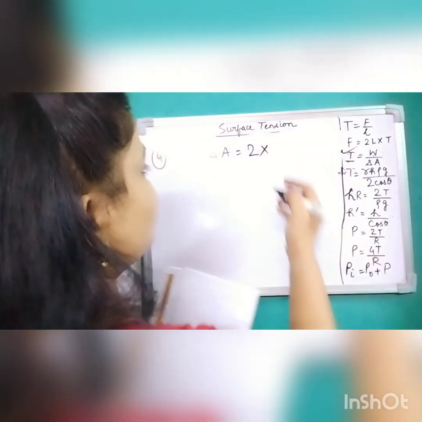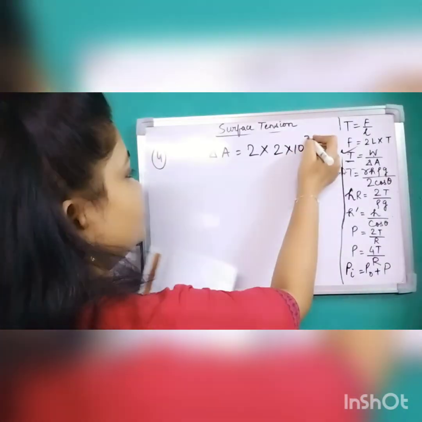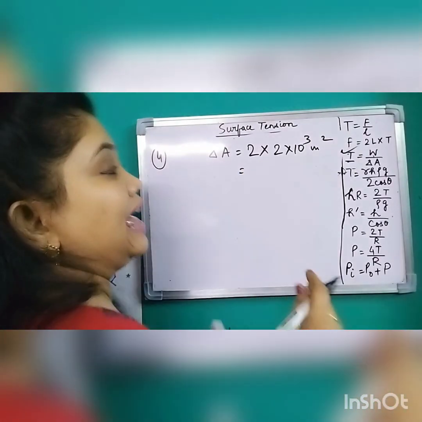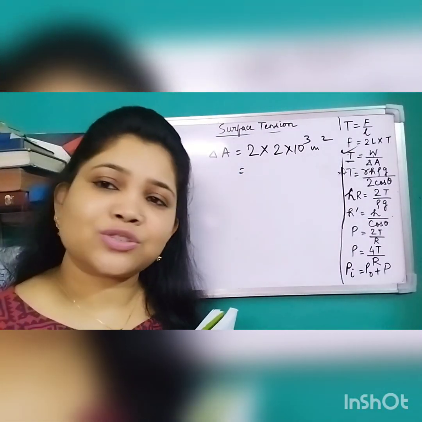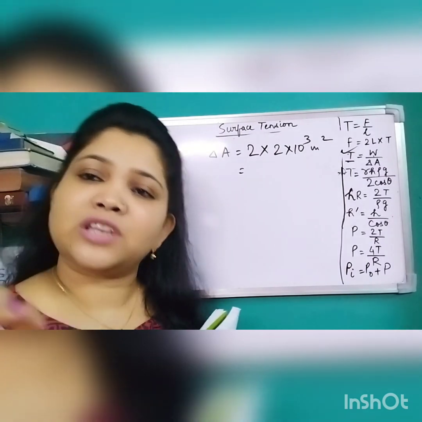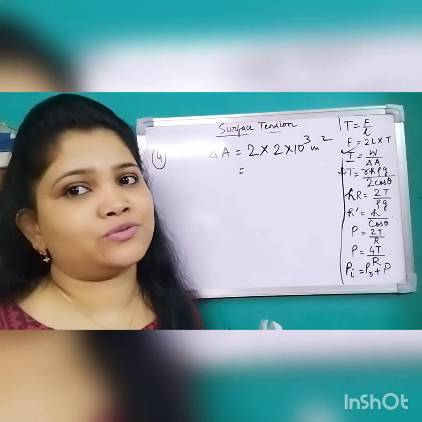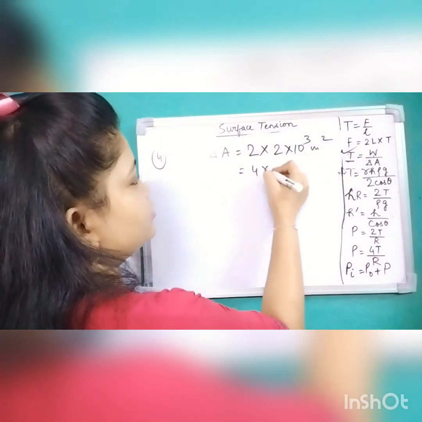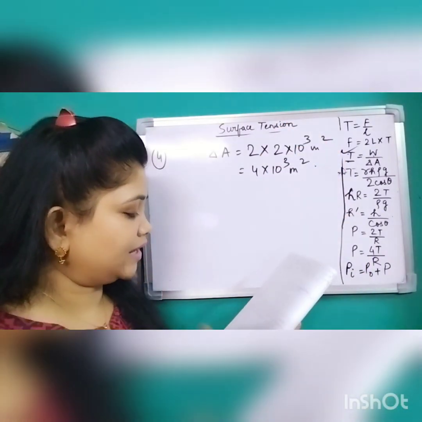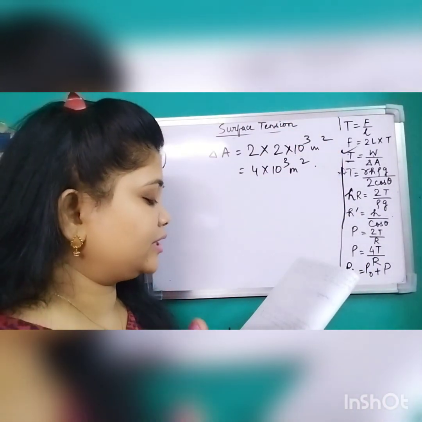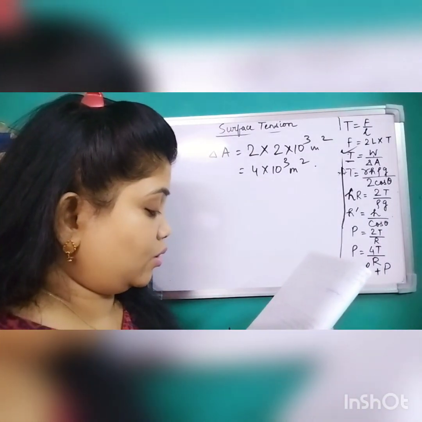Here it is given 2 into 10 to the power 3, but to get the actual surface area of a soap bubble, you have to multiply it by 2 more, because again I am telling you a soap bubble has two surface areas. So it is 4 into 10 to the power 3 meter square. So we have got the area. Next, what is given? How much work will be done in blowing the bubble to twice its surface area?